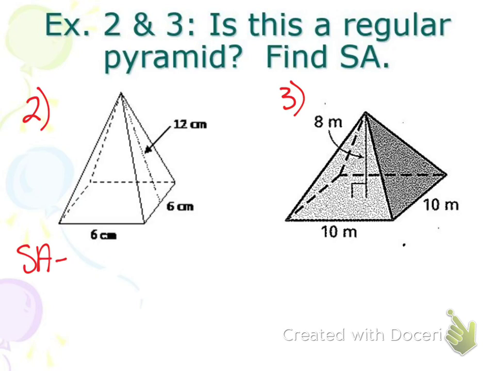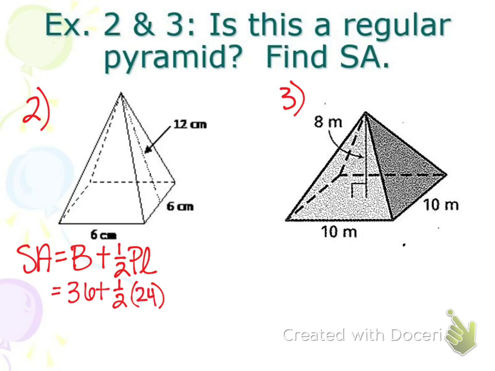Let's move on to finding the surface area. Capital B plus 1/2 PL. What is capital B for number 2? 36. Plus 1/2 times. What's the perimeter of my base? 24.